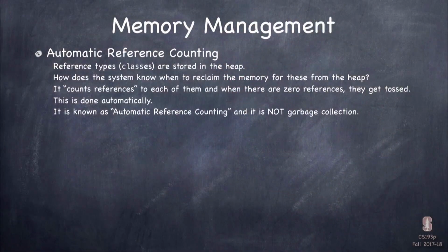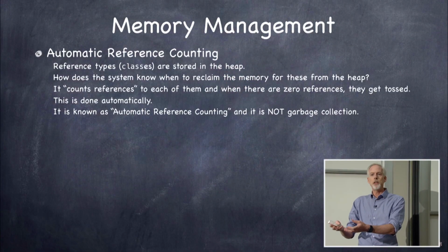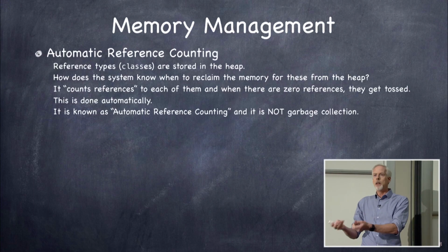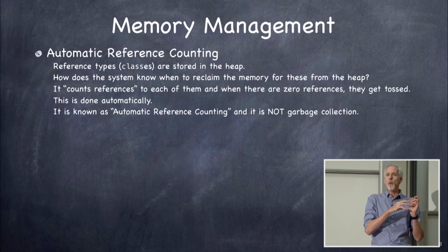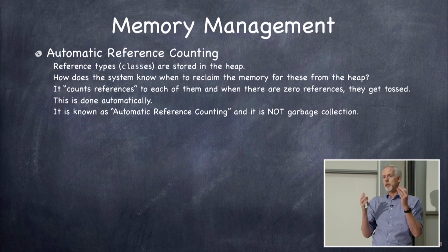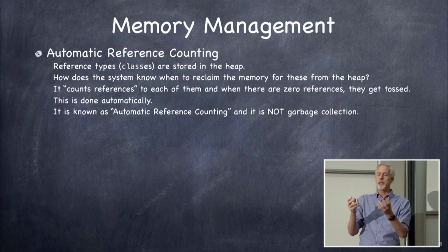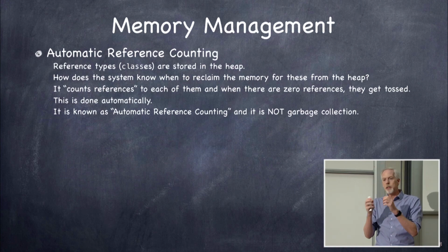It's really simple. Every time, somehow magically, that you create a pointer to a reference type in the heap, Swift adds one to some counter somewhere. And every time that pointer to it goes out of scope, or it is not pointing to it anymore, like it was an optional and got set to nil, for example, then it decrements that count.